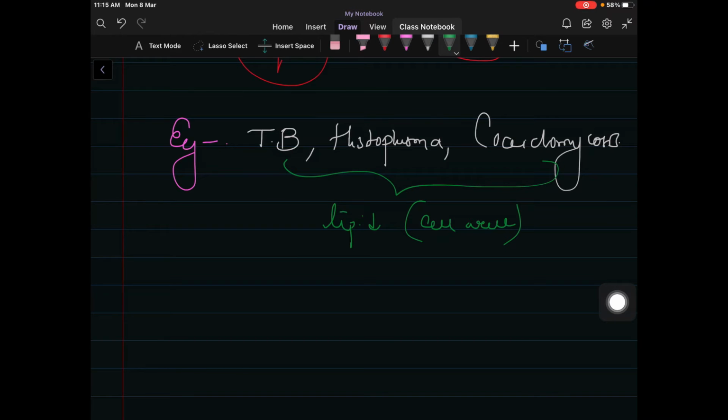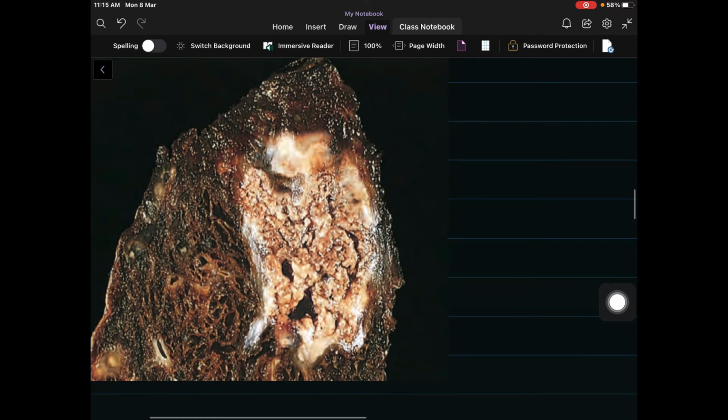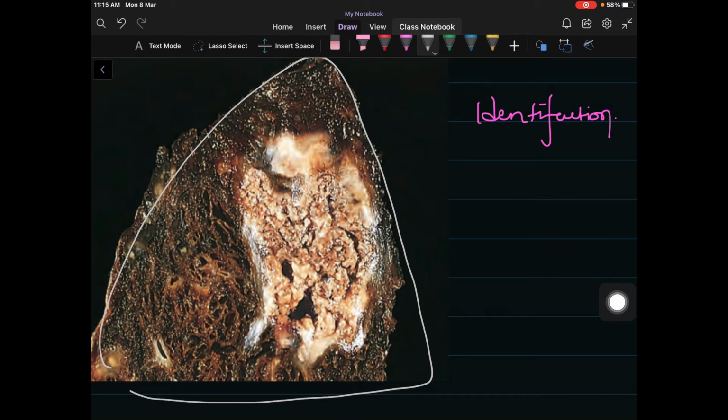in the necrotic tissue. As we can see with the picture, first of all, the success mantra for solving image-based questions is, first point, the identification of the organ. We can draw the outline, as it denotes a lung-like appearance, but only through the outer appearance we cannot say it is the lung.